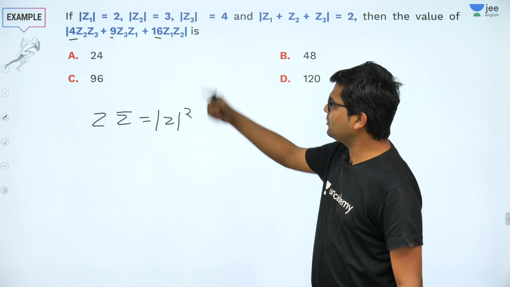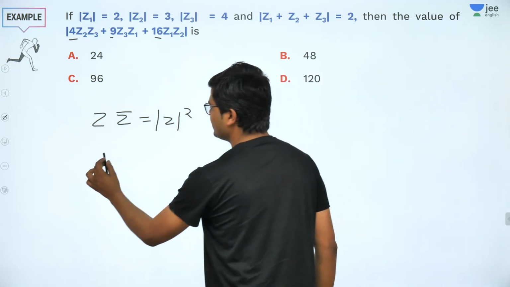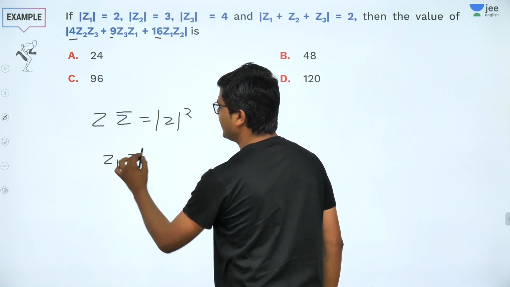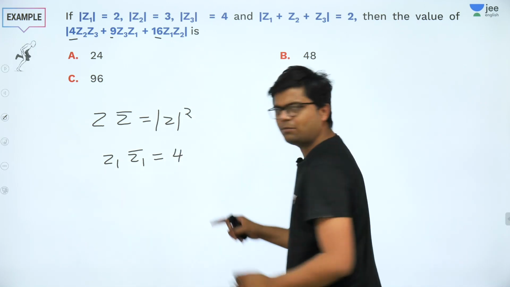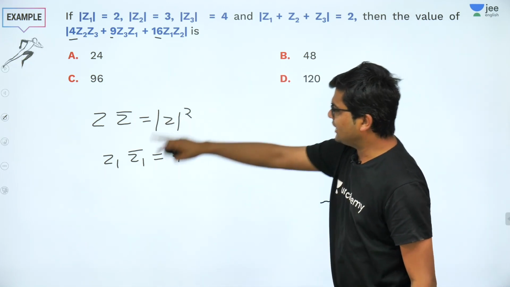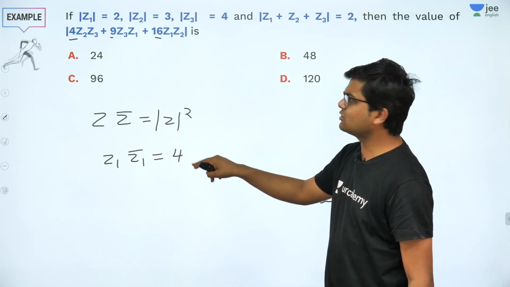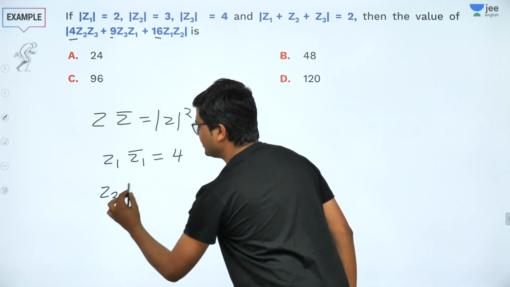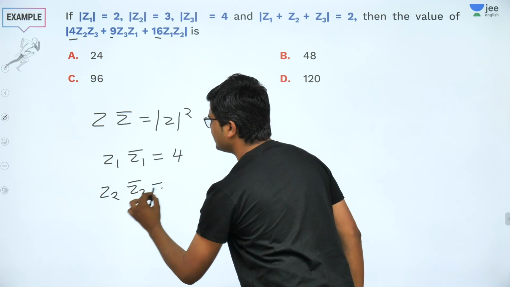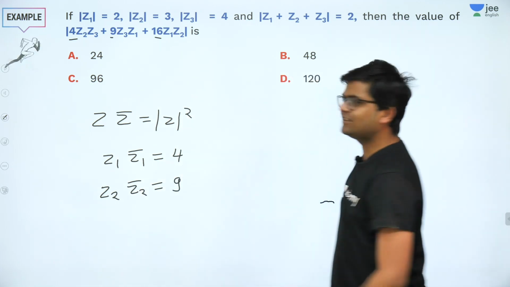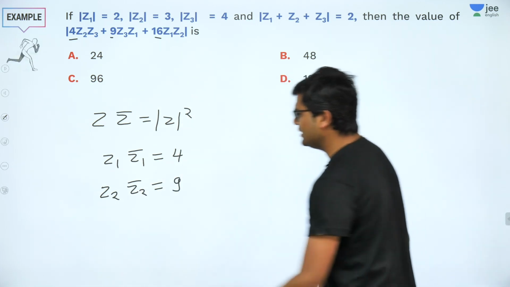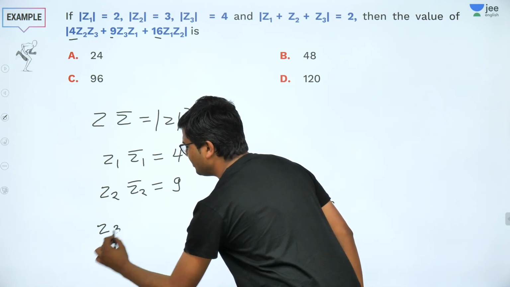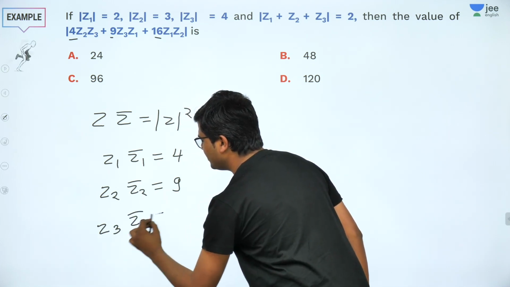So I am applying this property, and I am writing Z1 Z1 bar can be written as 4. Got my point now? Because Z1 Z1 bar equals mod Z1 square, that will be 4. Now Z2 Z2 bar can be written as 3 square, which is equal to 9, and Z3 Z3 bar can be written as 16. So this is the basic property that will solve this question.